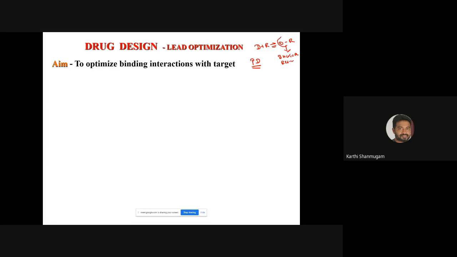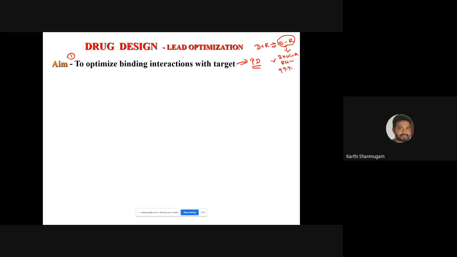Okay, so this interaction, right? If you optimize the interaction, if the interaction is much better, then we can expect a much better biological response, drug action. So for that, we can go for lead optimization. So the first point is related to the pharmacodynamics, drug action. If you optimize the binding interaction between the drug molecule and the target receptor, then we can expect an increase in the biological response.